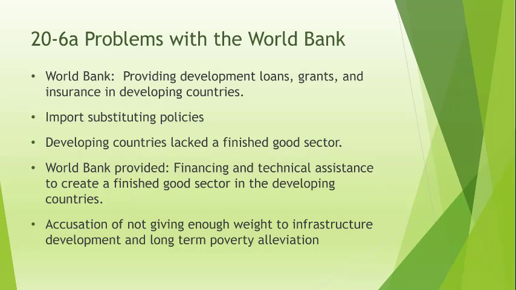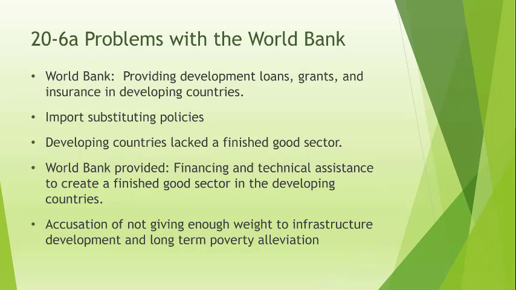So the World Bank changed its focus considerably, and its focus now is on providing technical assistance and financing to create a finished goods sector in the developing countries. So, in other words, most developing countries effectively were agrarian economies, certainly post-World War II, but many of them have grown into being industrial manufacturing countries.